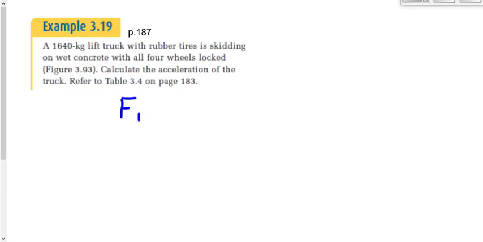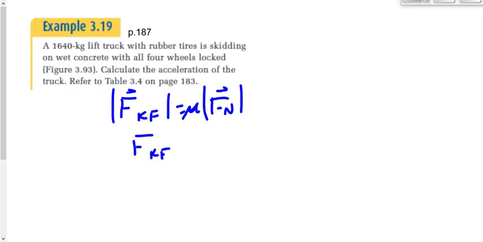We're going to say the force of kinetic friction is equal to mu times the normal force. So the force of kinetic friction is equal to, what do we get? Rubber tires, wet concrete.